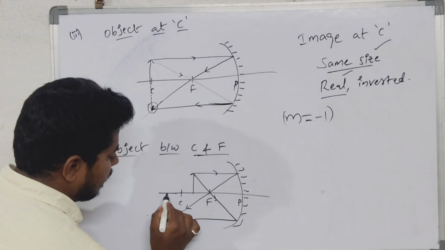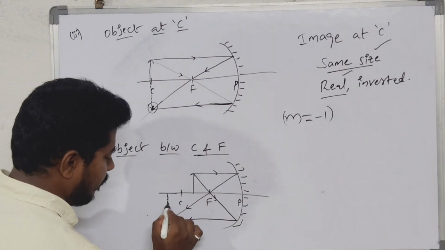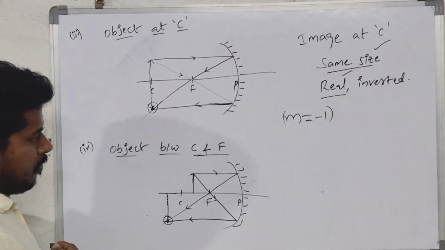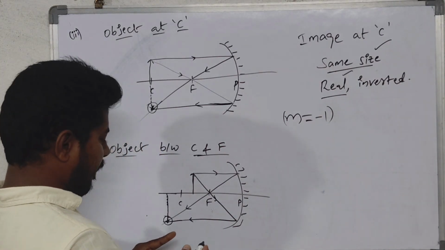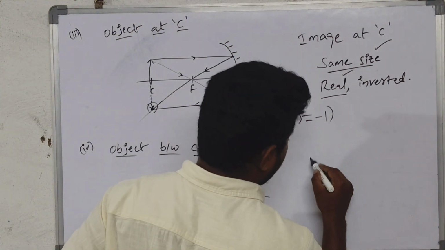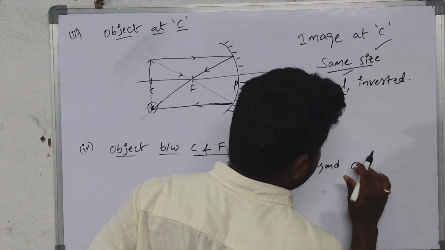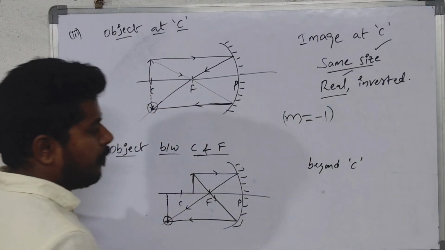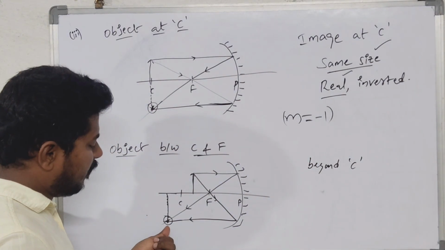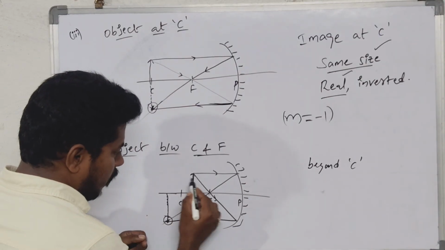Now we measure the size of the image. Definitely it is bigger than the object size. Clear? Our first point is the image is formed beyond the center of curvature. Beyond C. And the next point, the size of the image is definitely magnified compared to the object size.